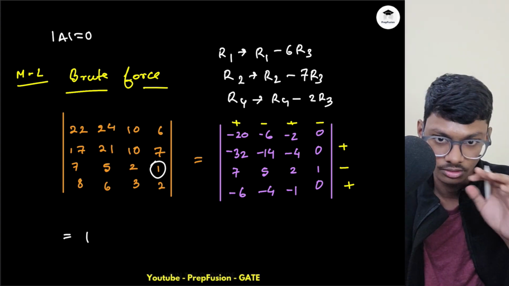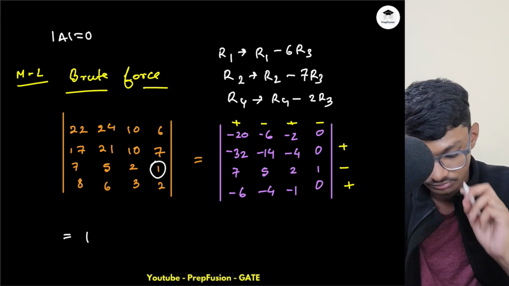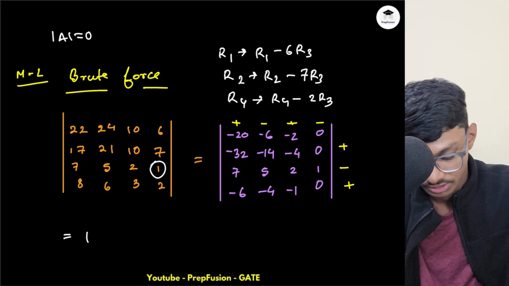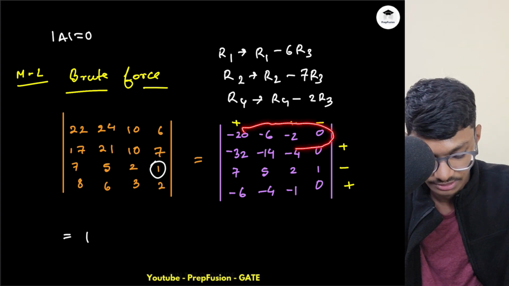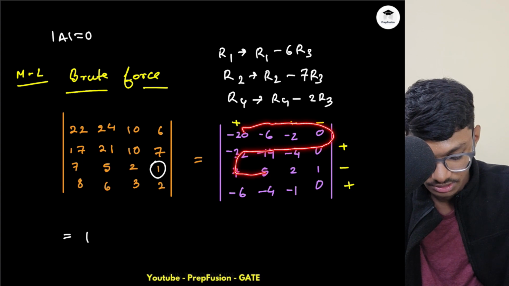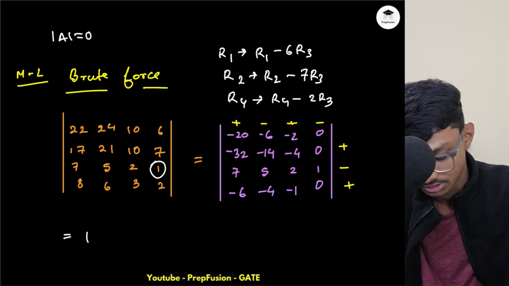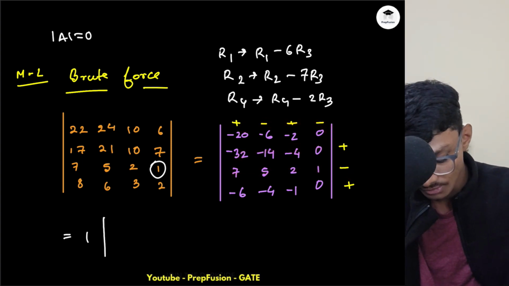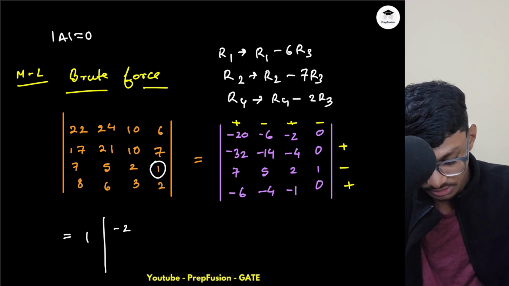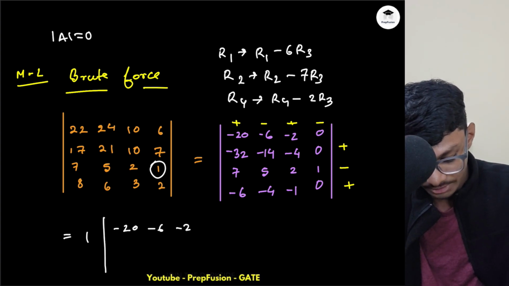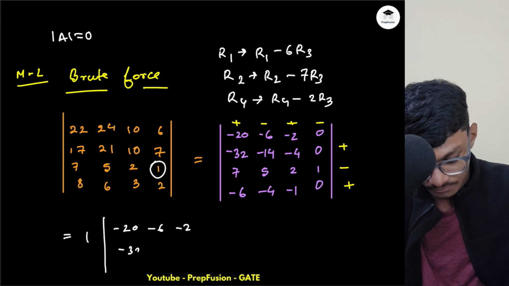Every adjacent row and column changes sign, so going in this direction it is plus minus plus minus. Yes, this is correct. So let me write the 3 by 3 determinant: minus 20, minus 6, minus 2; minus 32, minus 14, minus 4; minus 6, minus 4, minus 1.